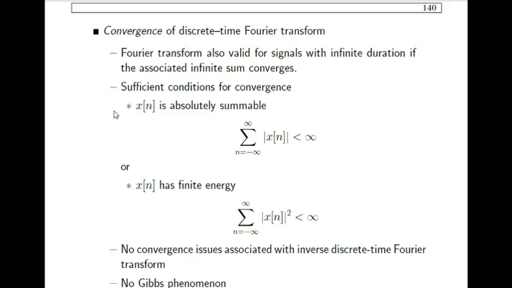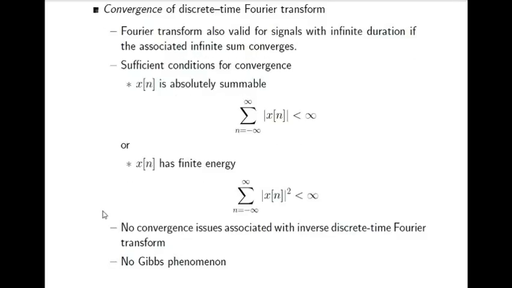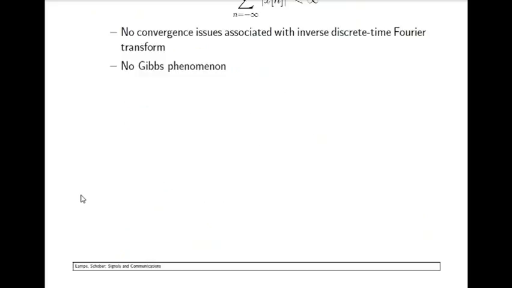The sufficient conditions for convergence are, first, that the signal should be absolutely summable; in the continuous time case it was absolutely integrable, but now it is absolutely summable. The second condition is that it should have finite energy. There are no convergence issues with the inverse discrete time Fourier transform, and there is no Gibbs phenomenon related to the discrete time Fourier transform.